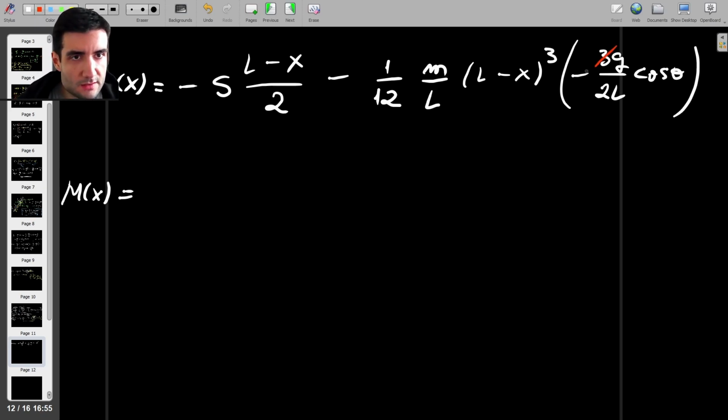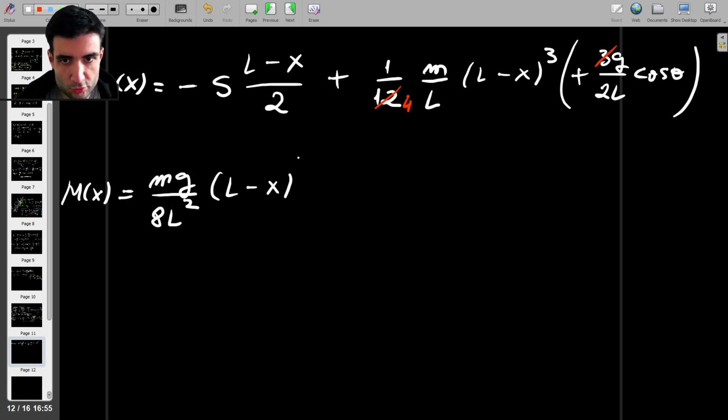So we can cancel this 3 with this 12, and this minus and this minus cancel out. So I'm going to write the second term first because that's positive. So that will be mg over, so we have 4 times 2, that's 8L squared, times L minus x cubed times cosine theta.